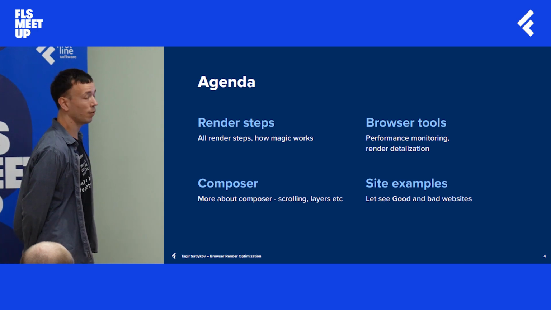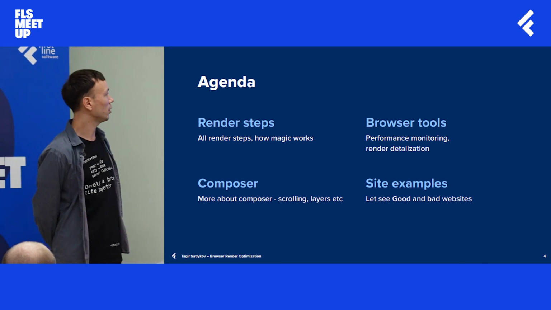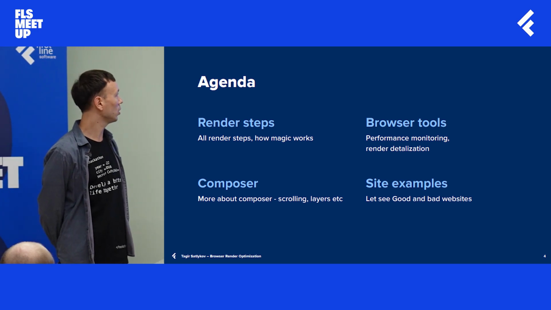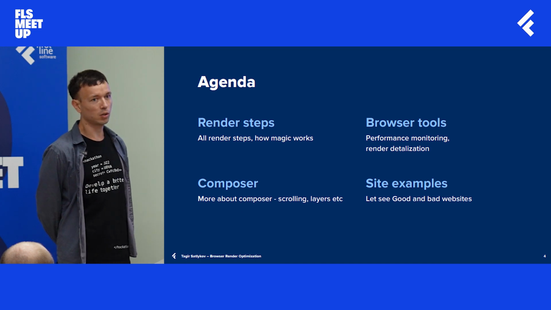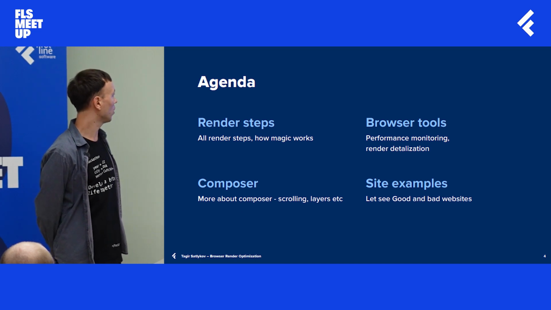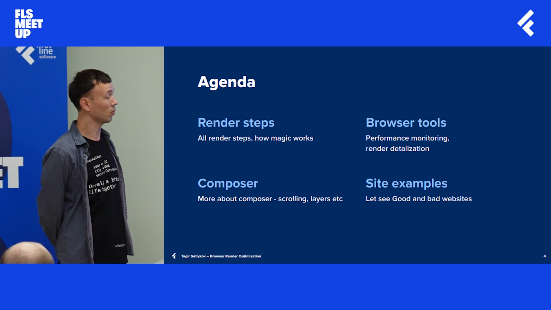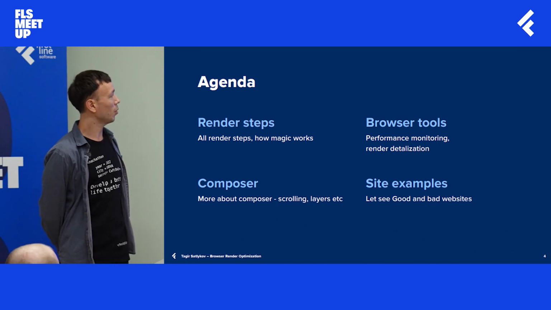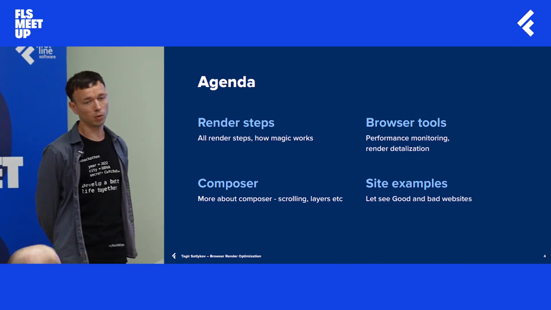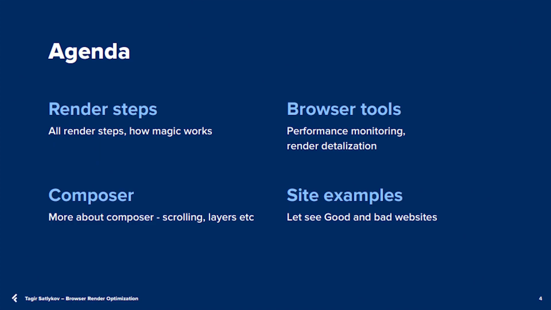So we have many things to discuss, so I think we should go ahead. We will speak about how render works itself, about some browser tools which allow people to look at the render inside, and we will see some site examples with good and bad things.